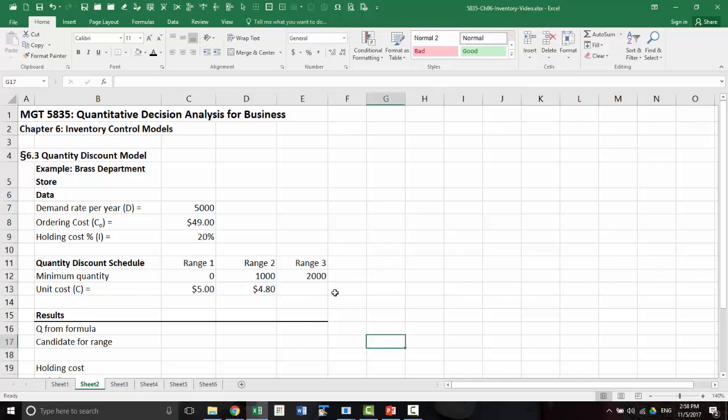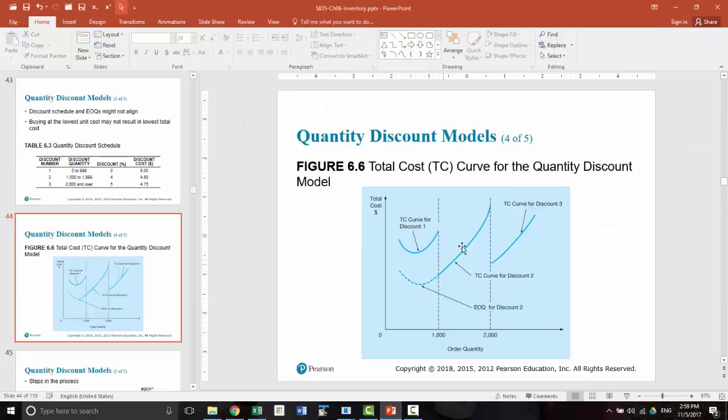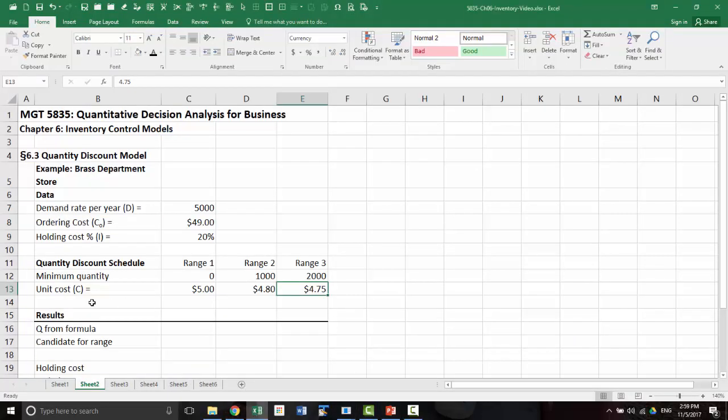Once you hit 2000 and more, then the cost is $4.75. The first step we have to do is simply use the EOQ formula and see whether the quantity that we get is feasible or not. Remember the cost curve being like this, where the minimum occurs in an infeasible quantity range. That's what we have to test first.